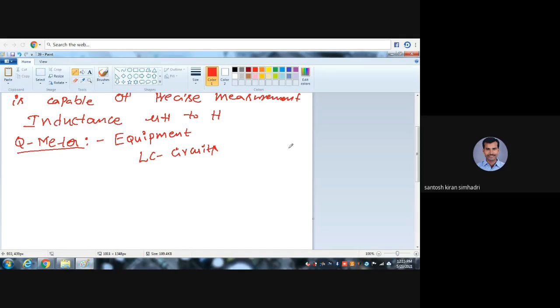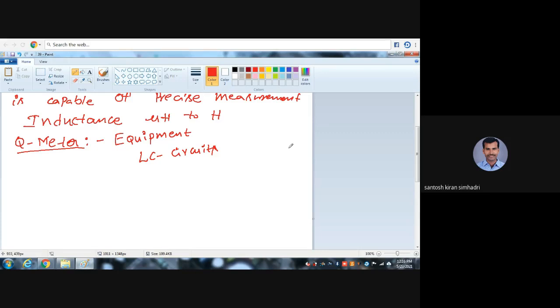Internally, the Q meter consists of an RF generator with low impedance output and a detector with very high impedance input. There is usually a provision to add a calibrated amount of high Q capacitance across the component under test.